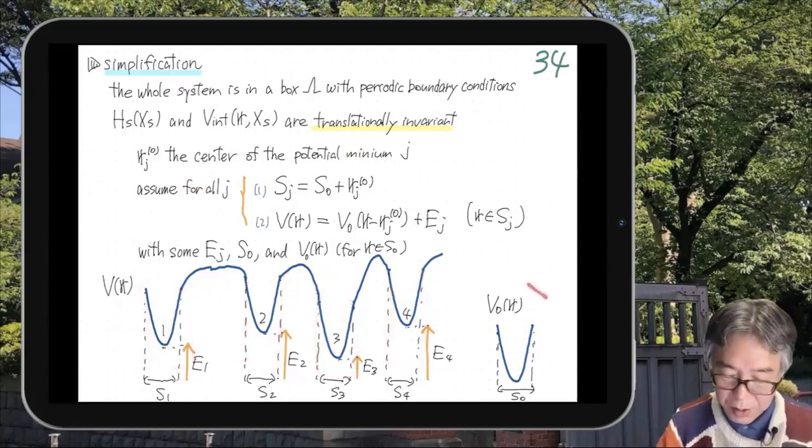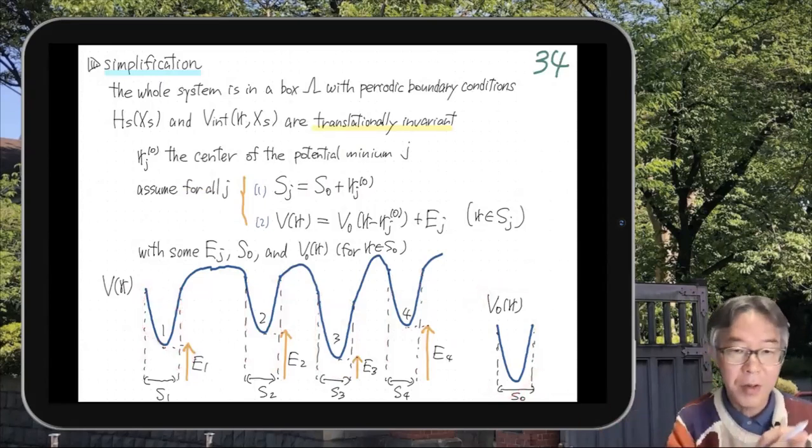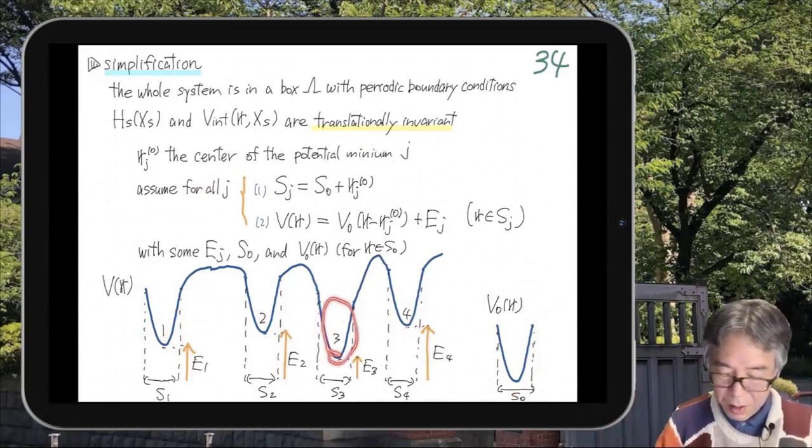More precisely, there is one V naught R, and all these local minima are simply translated copies of this V naught R. Of course, you translate it in this R direction, but you can also shift in the energy direction by adding your favorite energy for each different local minimum. Then the particle trapped in each local minimum sees the same thing, and every local minimum looks the same. That's the reason that we can make the simplification.